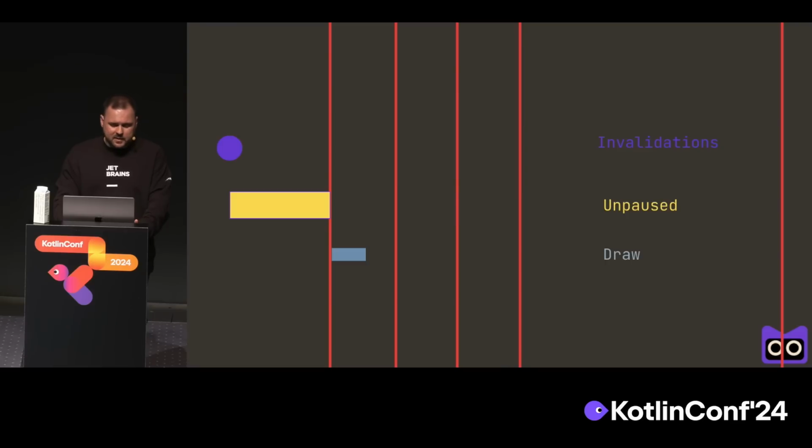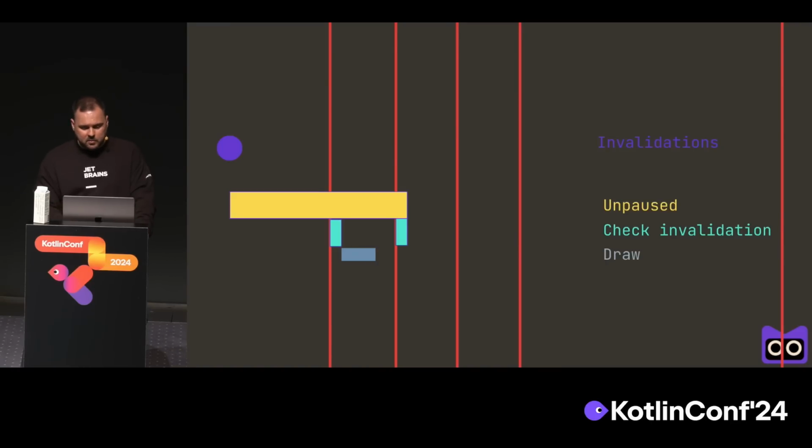So we could slightly modify our scheduling logic though. Here's the current one. We have an invalidation, the purple dots. We unpause the display link, it's the yellow box, and then we pause it back on draw on next vsync. That's how it is right now. So what we could do is not unpause it immediately, but schedule always 2 frames after each invalidation. And in the beginning of each frame, before actually drawing something, we could check if invalidation indeed happened.